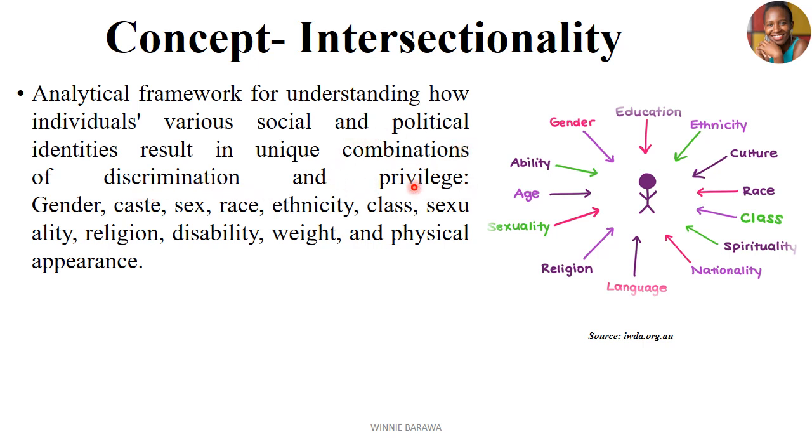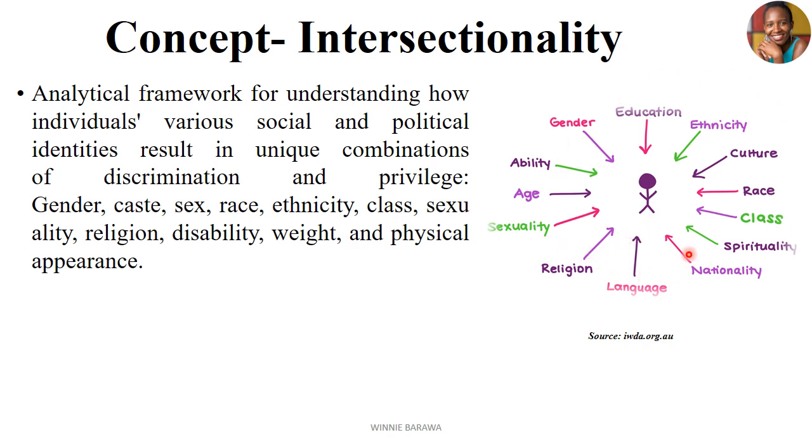Intersectionality brings together factors such as gender, caste, sex, race, ethnicity, class, sexuality, body appearance, and all this. So it is said that part of the reason women were getting affected and having all these problems around them was partly contributed by this.